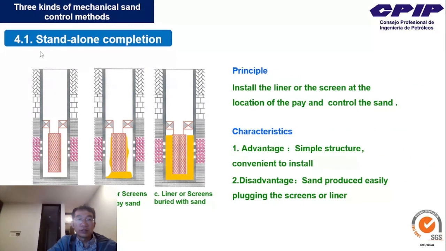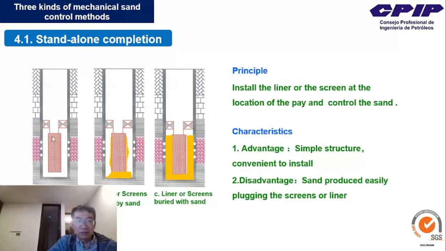Okay, 4.1 Standalone completion. The principle is to install the liner on the screen at the location of the pay zone and control the sand. We can see the first picture is the standalone completion.